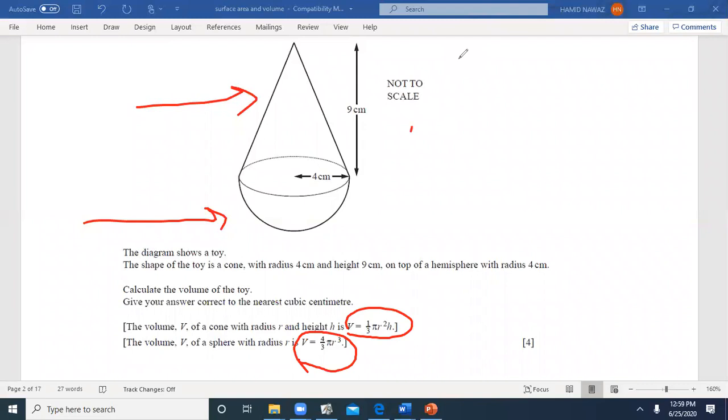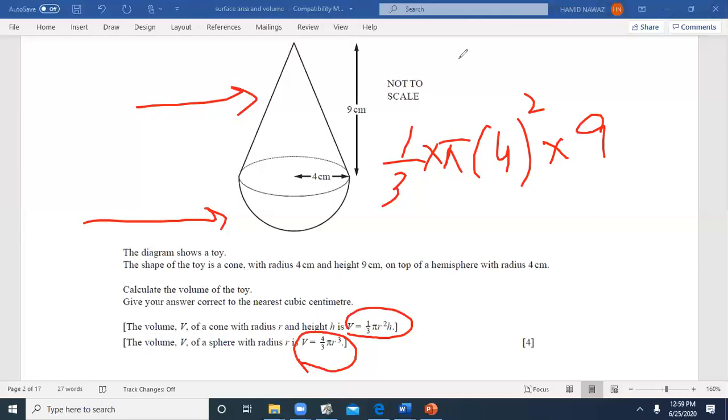So it will be 1 by 3 pi r squared. What is r? r is 4, whole squared, times 9. This gives you the volume of the cone, plus 2 by 3. Again 2 by 3. Why? Because it's a hemisphere. And then times pi times r cube, and r is 4 cube.